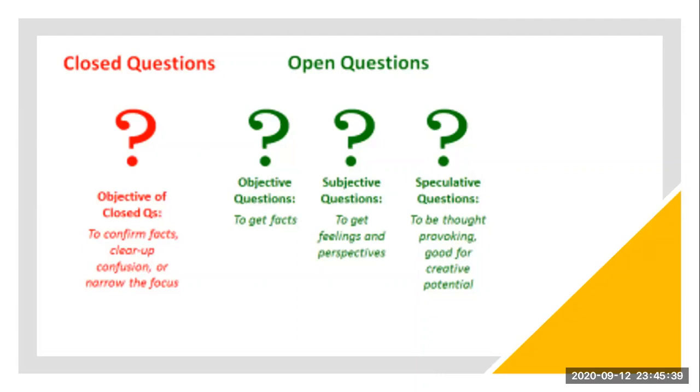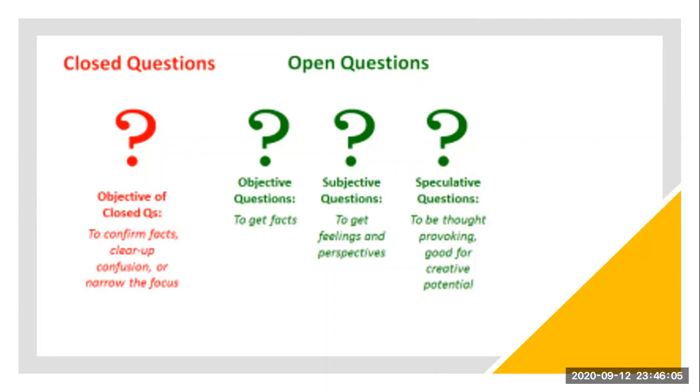While open questions, you know, they are longer, you explain, you write, you say what you want. The main objective is to get facts, so you know what people really want or like, to get feelings and perspectives. It's a qualitative investigation, so you get people's opinions.